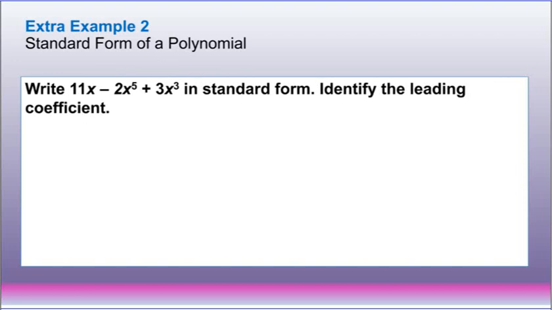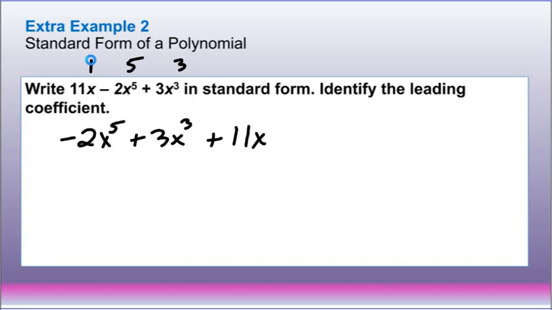Next, this is degree of 1, degree of 5, degree of 3. Write it in standard form, so this would be negative 2x to the 5th plus 3x cubed plus 11x. And our leading coefficient would be a negative 2.